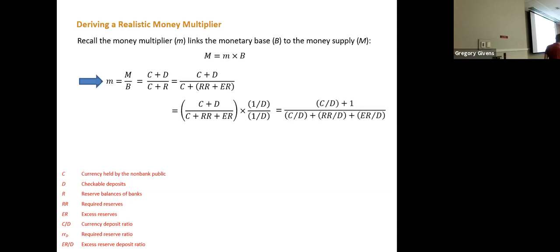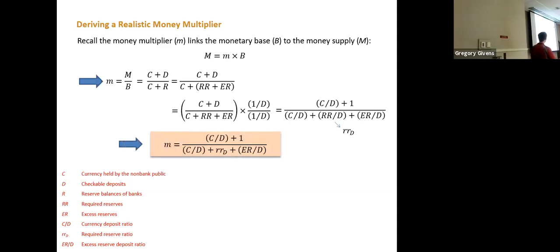The numerator now becomes the currency to deposit ratio plus 1, divided by the currency to deposit ratio plus the required reserves to deposit plus excess reserves to deposit. You guys see what I did there? I'm just dividing the numerator and the denominator through by D. We recognize that RR/D is just the required reserve ratio.